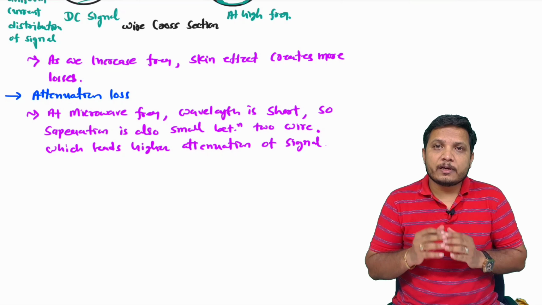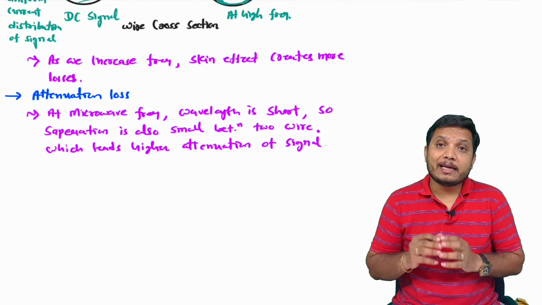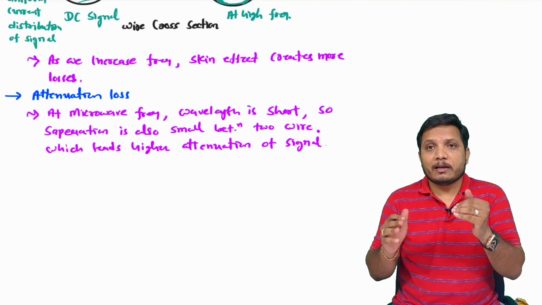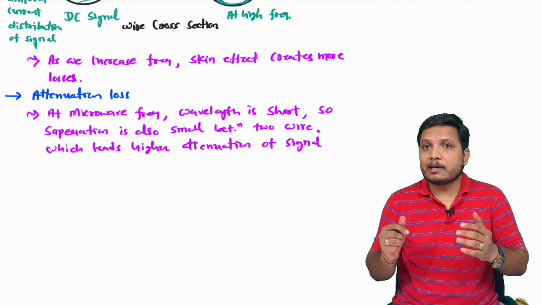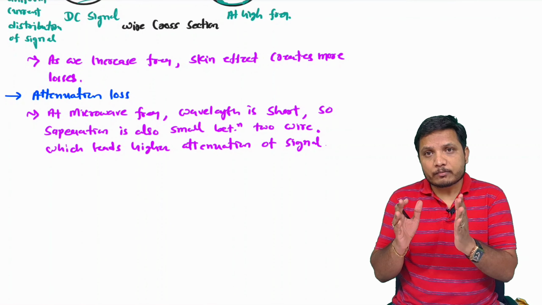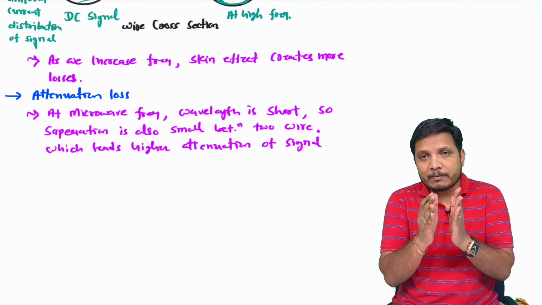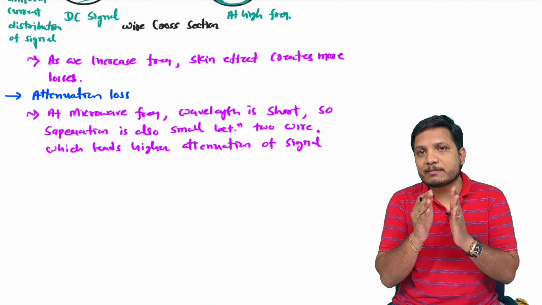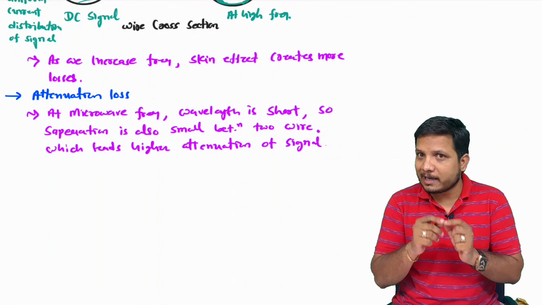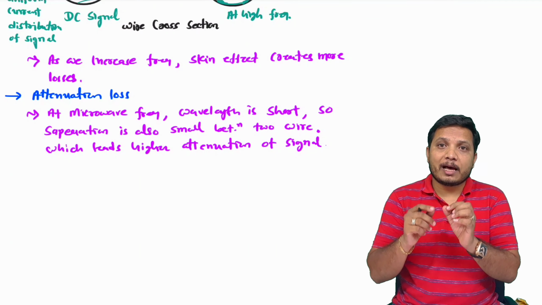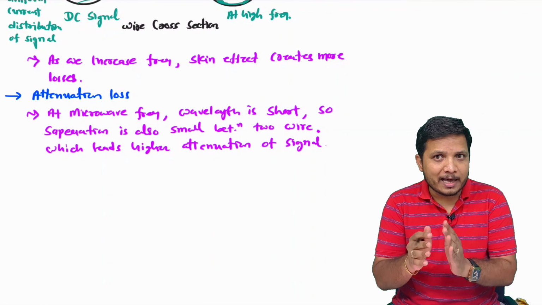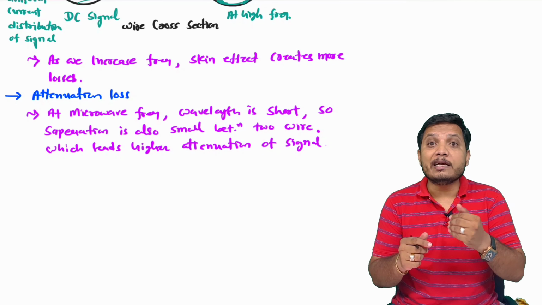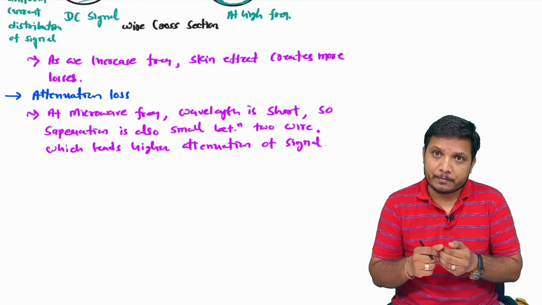Now the fifth limitation is dielectric breakdown. At microwave frequency there will be smaller separation between two wires, and as the separation between two wires is smaller, there will be higher attenuation. Now if attenuation is high, what will the user do? The user will increase transmitting power.